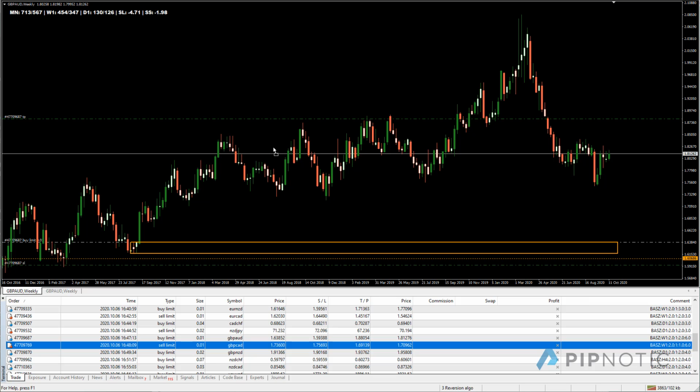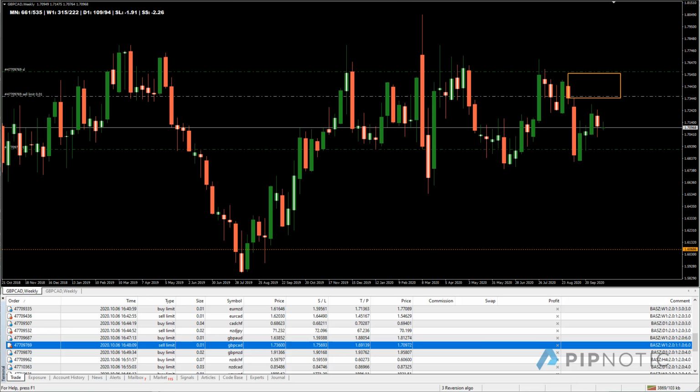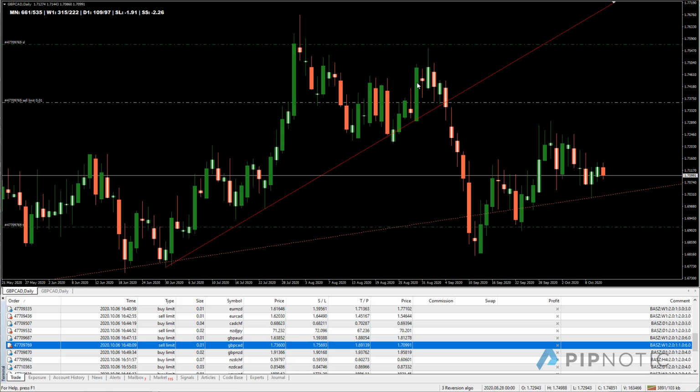This is the pound Canadian dollar now. This is a weekly area. It's probably clear on a smaller time frame as well, but if we do something like this, okay, on a smaller time frame we're probably going to get something a little different, where we have something like that, and this area has been removed.